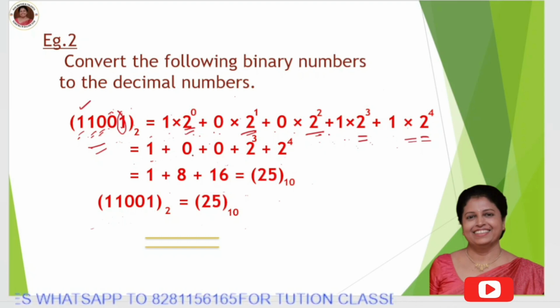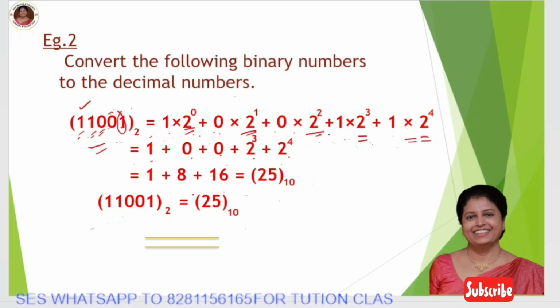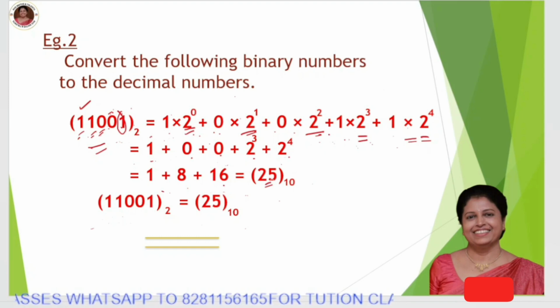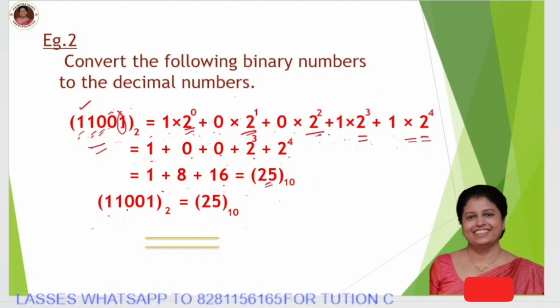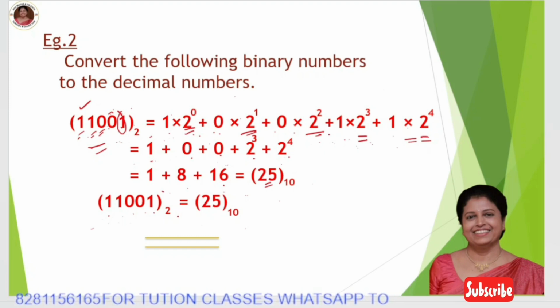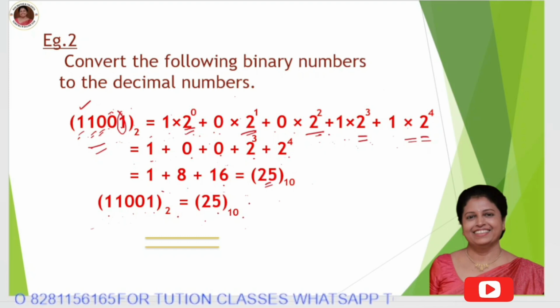Then we will get 1 plus 0 plus 0 plus 2 cube plus 2 raised to 4. That is equal to 1 plus 8 plus 16, that is equal to 25. That means this binary number 11001 to the base 2 is equivalent to 25 to the base 10.